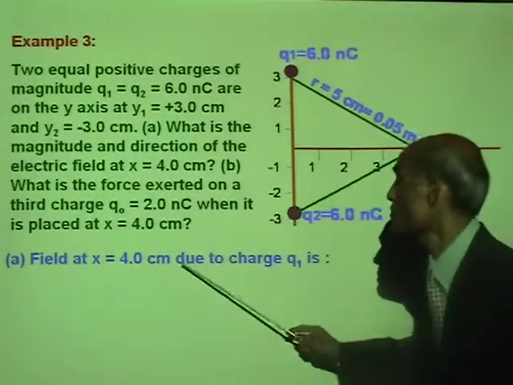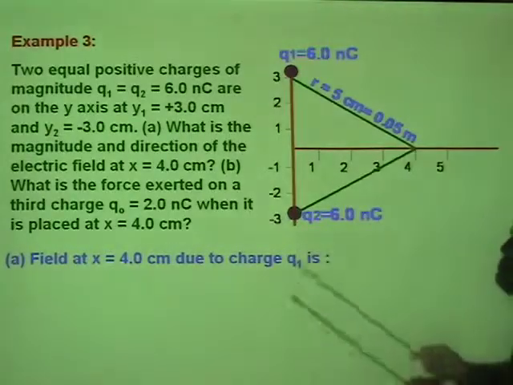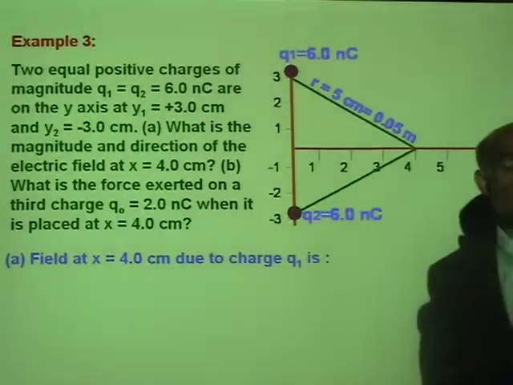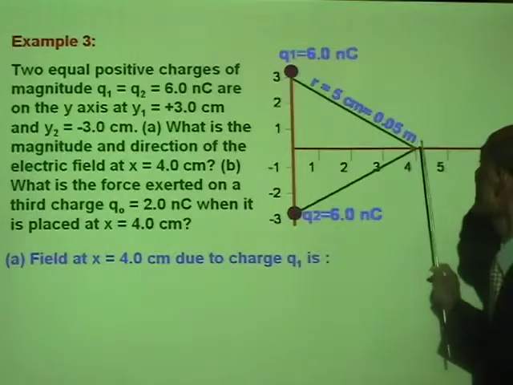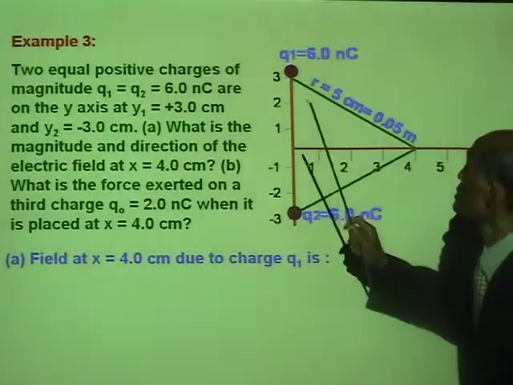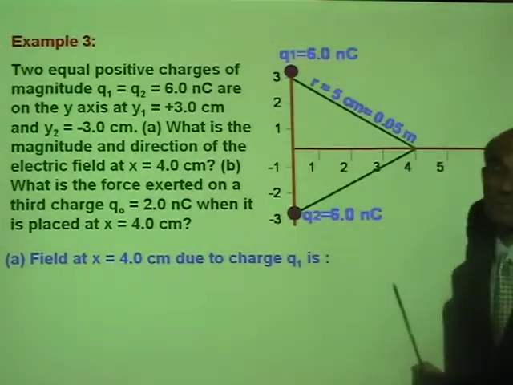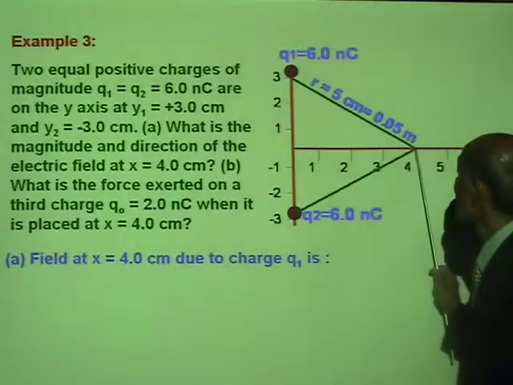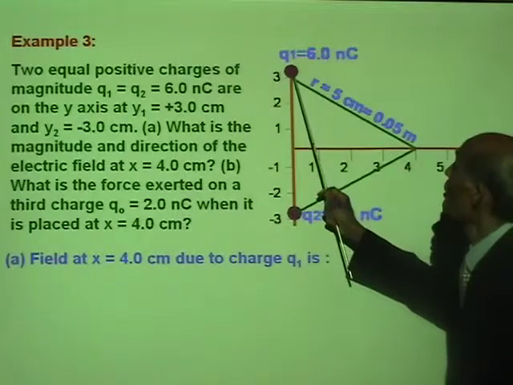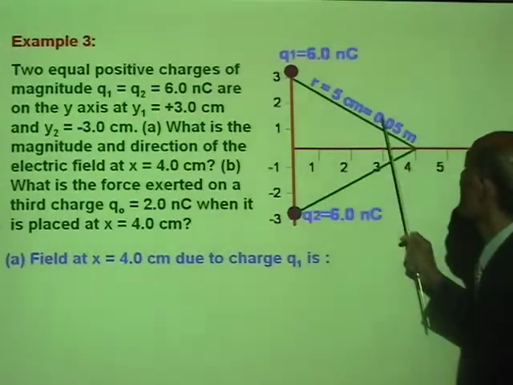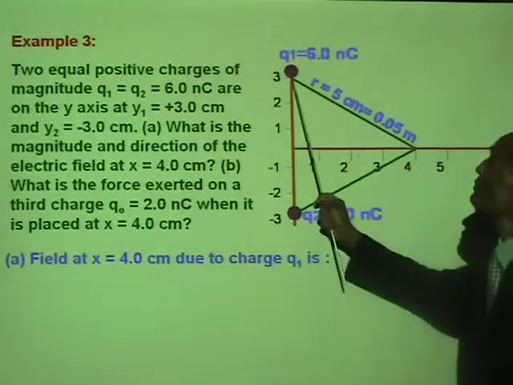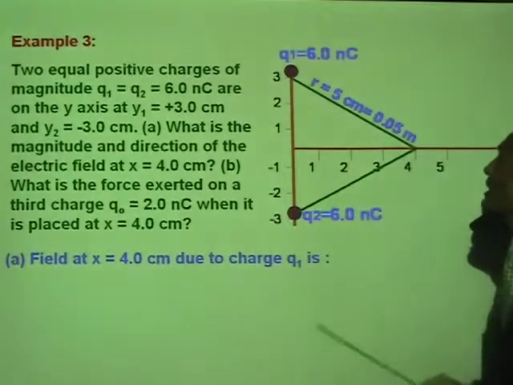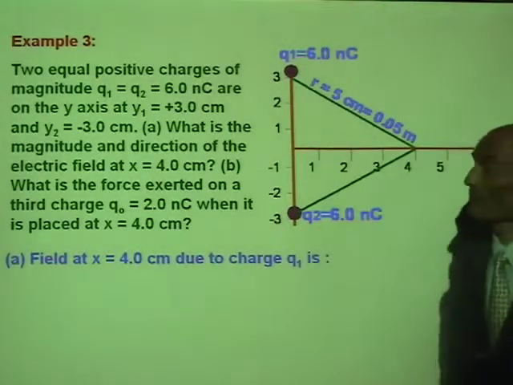Field at x equal to 4 centimeter due to charge Q1 is, what is the formula for field at a point distance r from a charge? Well, first of all, in order to find the field at this point, we need to know the distance of Q1 from that point, which is this green line. What is the length of that green line?